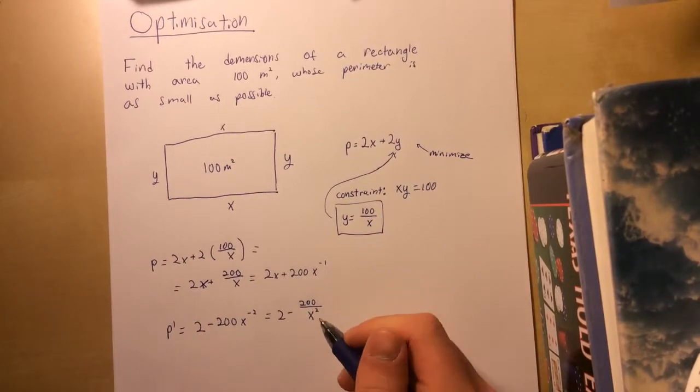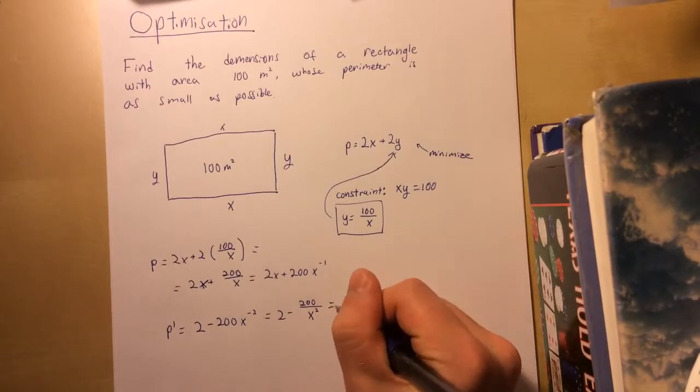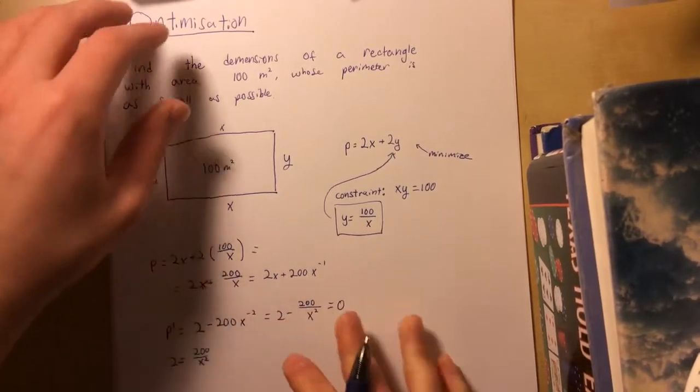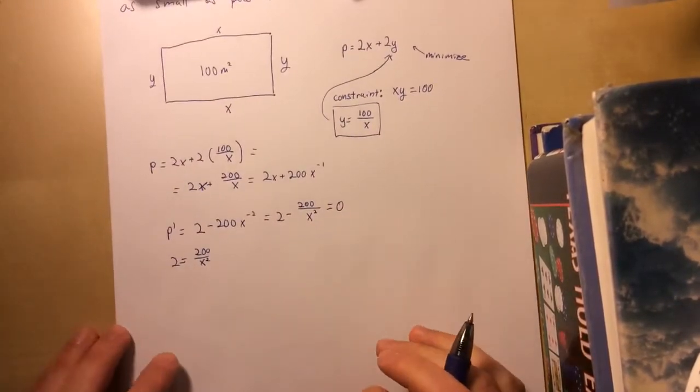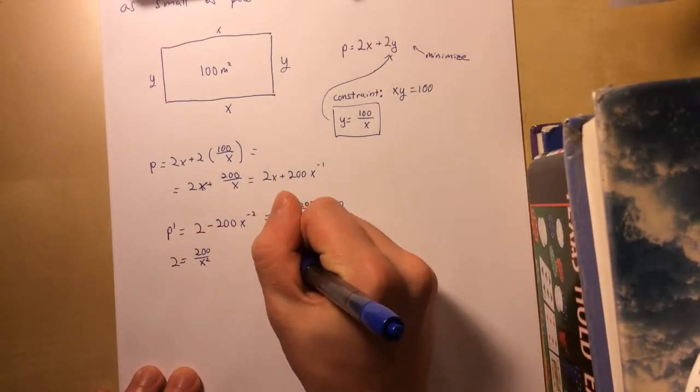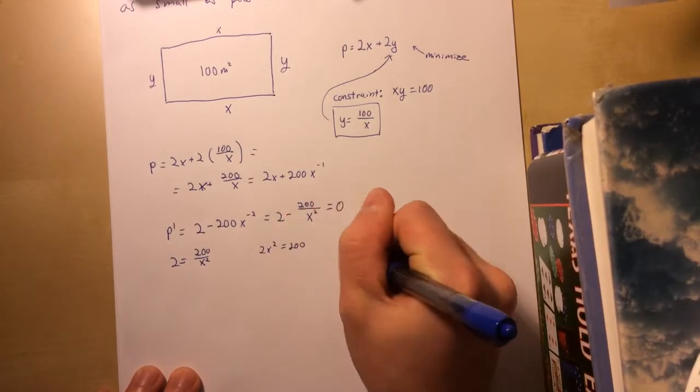And we want to solve for when this is equal to 0. So, move this 200 over x squared over, we get 2 equals 200 over x squared. And multiply both sides by x squared. 2x squared equals 200.